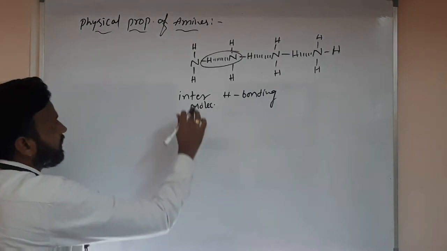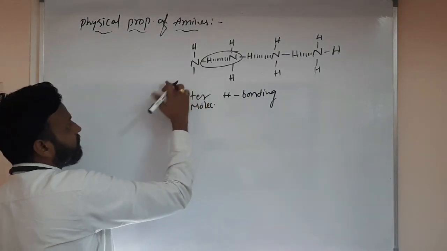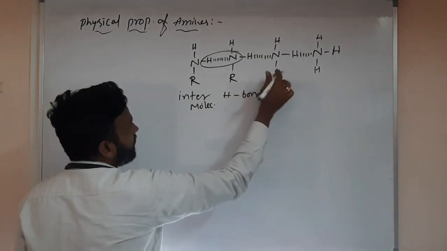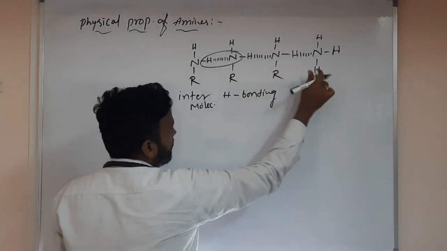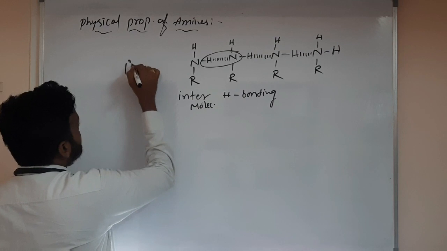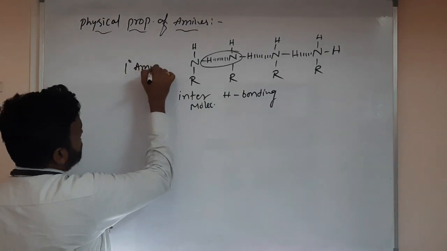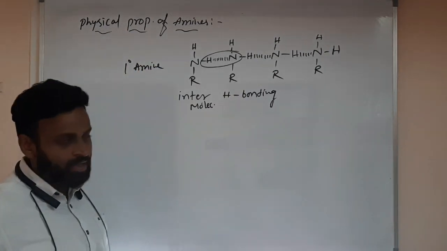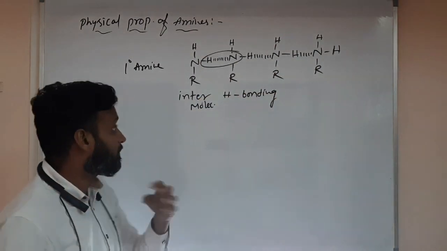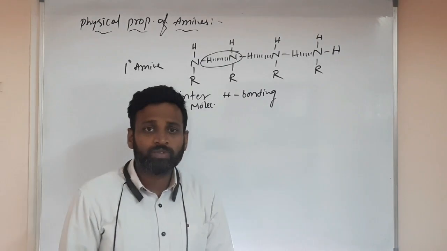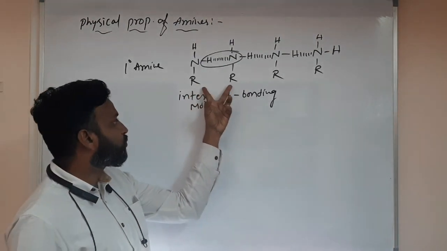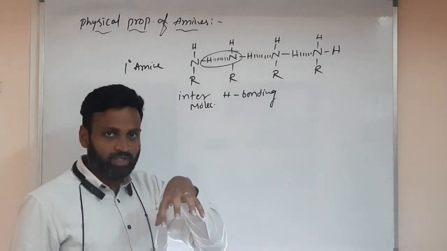Same story if, instead of these hydrogens, you take primary amines, RNH2 and RNH2. Like ammonia, between them there is intermolecular hydrogen bonding, meaning between two molecules, not within the molecule.